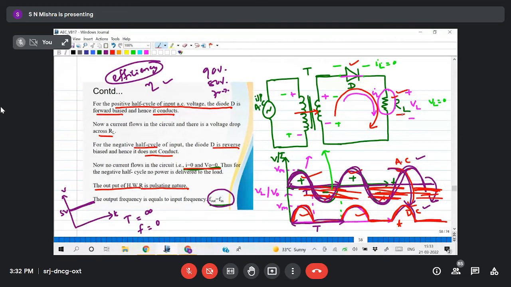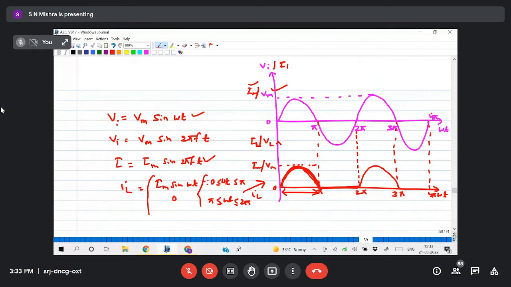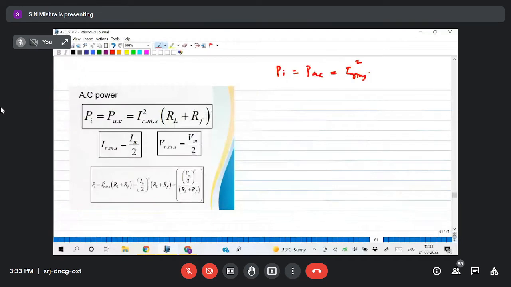We have the load resistance, and as we have already seen, the internal resistance of the diode, termed RF. Both are in series, so the resistance of the entire circuit is RL, the load resistance, plus RF.